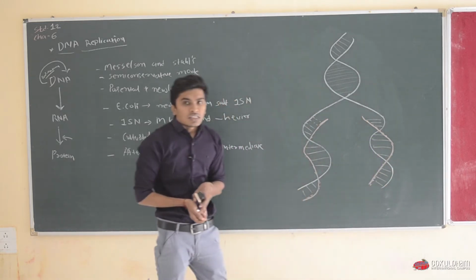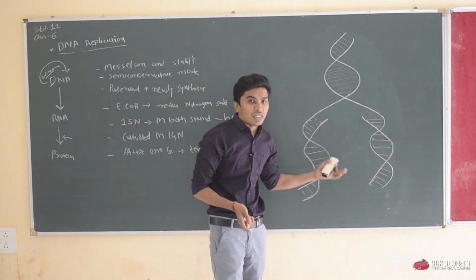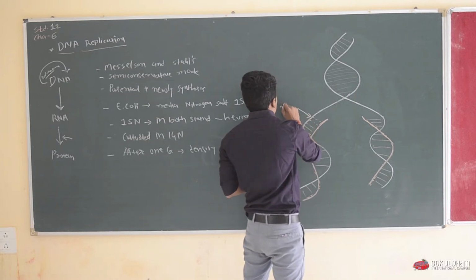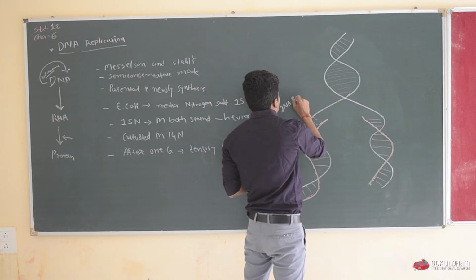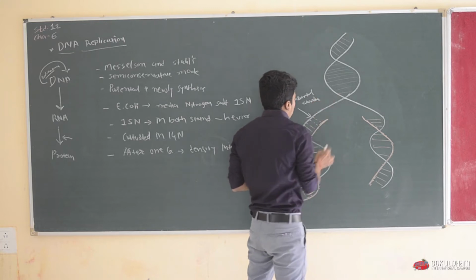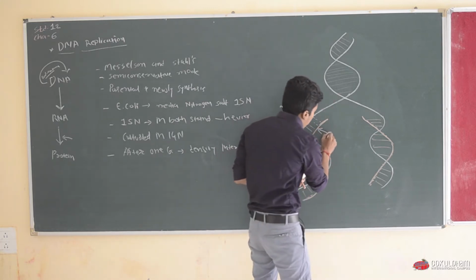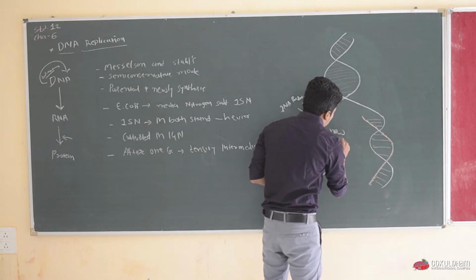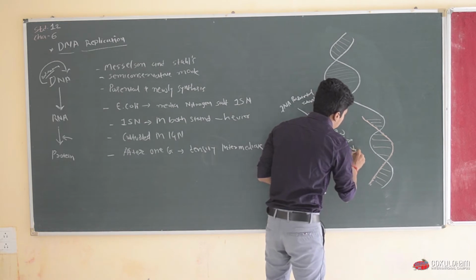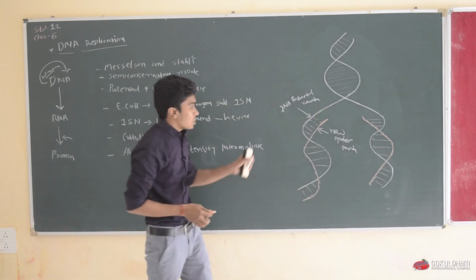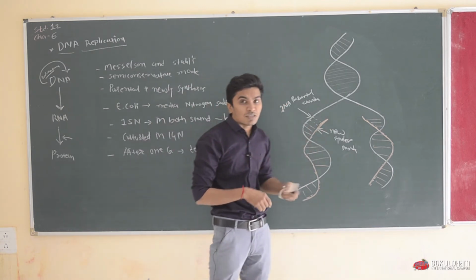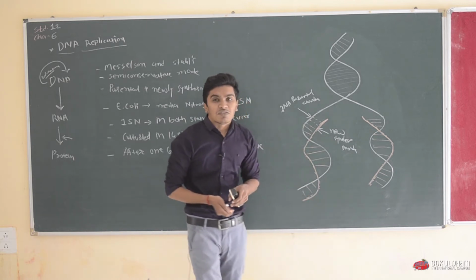They said that each newly formed DNA has one parental DNA strand and one newly synthesized strand. So this method of DNA making copies of DNA is known as the semi-conservative mode of DNA replication.